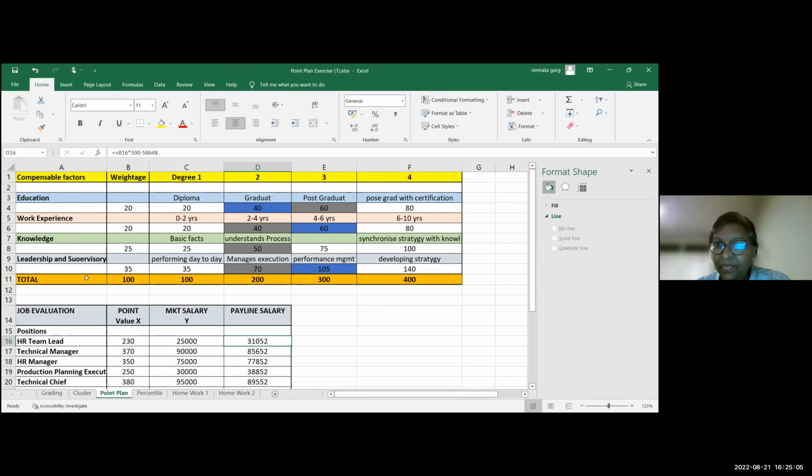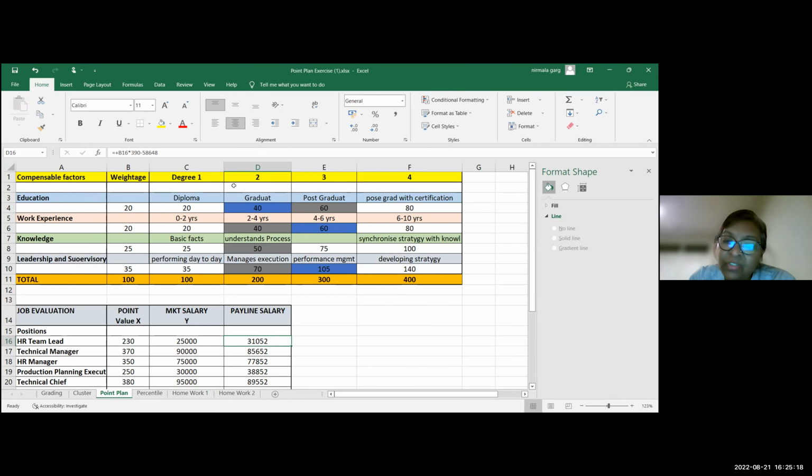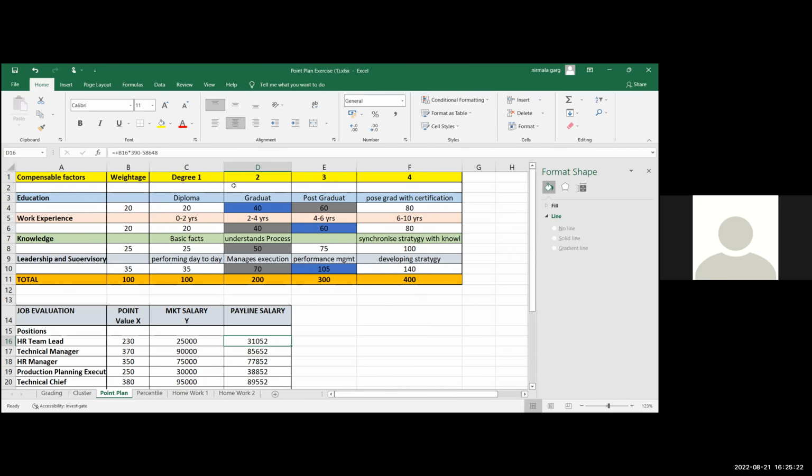Got it? Okay. Now, step 2. Depending on the complexity of my organization, I will say, hey, I may need 4 degrees or 5 degrees. So in a point plan, preferably you can have at best 5 to 6 degrees.